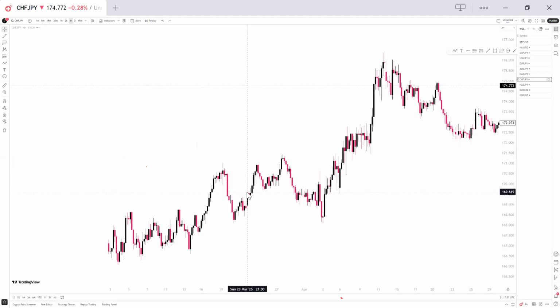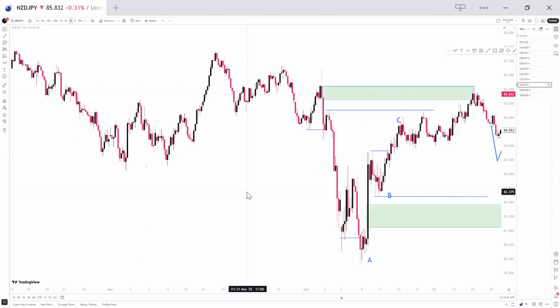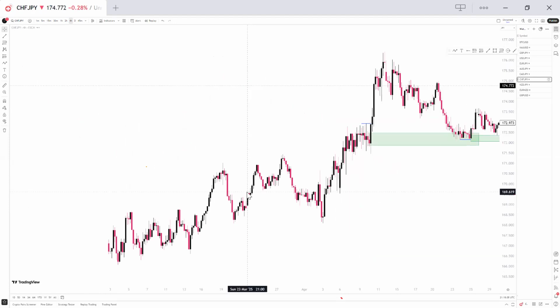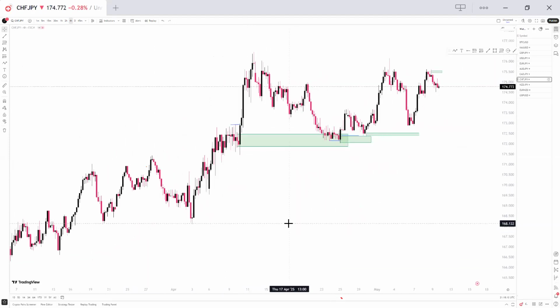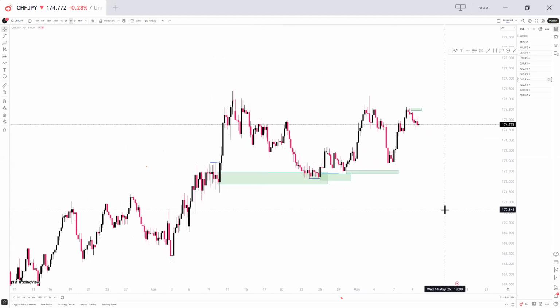Let me look for type 2. Where can I see type 2? I don't want to use any example. I want to use a good example. Which pair is this? CHF JPY. Okay, this trade. I used the 1 hour time frame to analyze this pair.